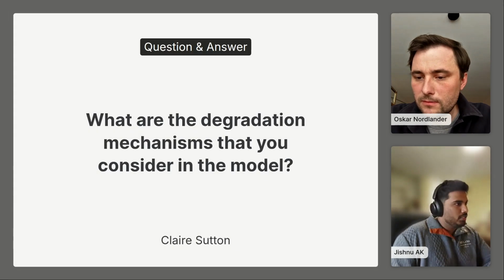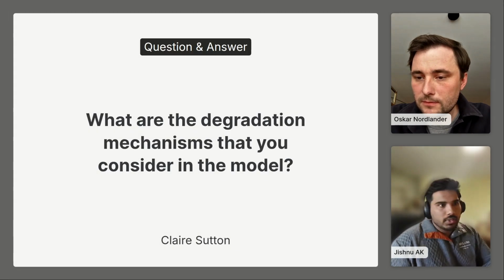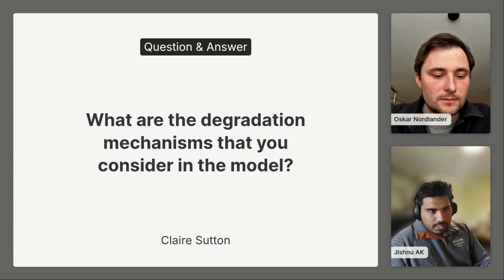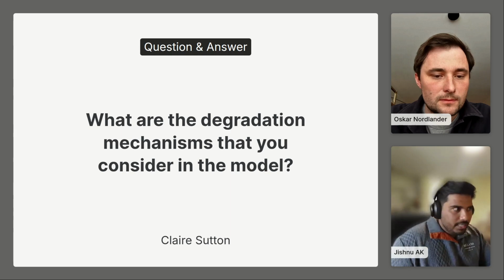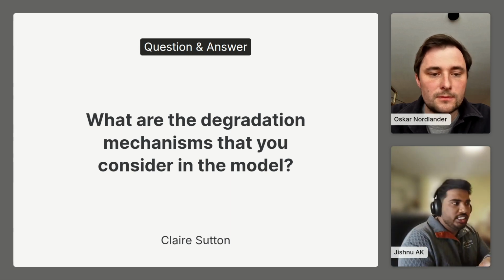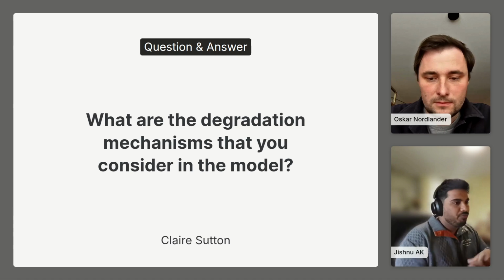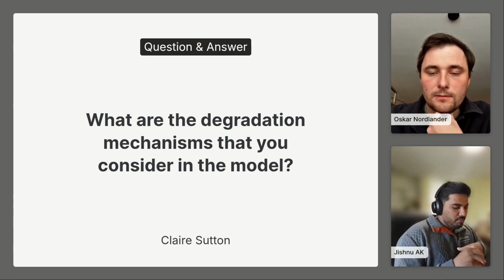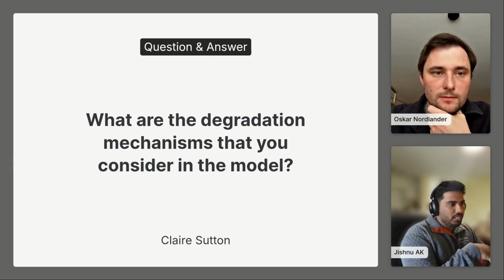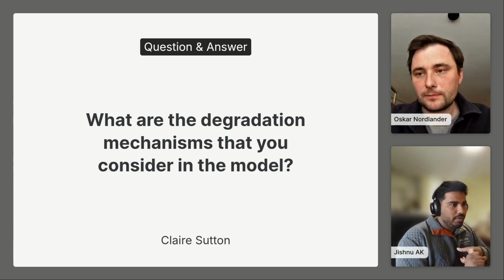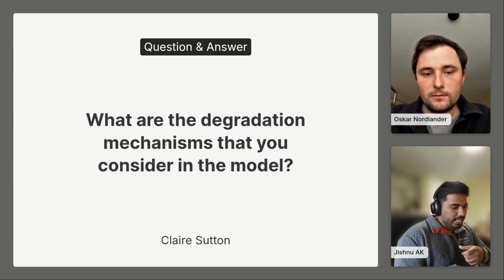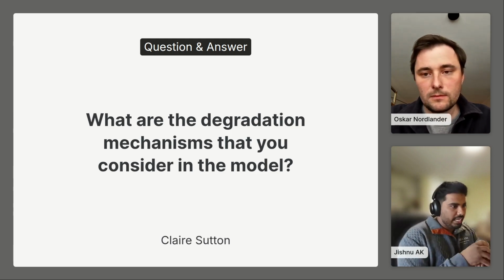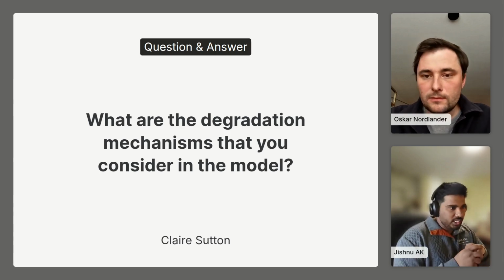Another question, from Claire: what are the degradation mechanisms that we consider in the model? There is no fixed number of degradation mechanisms that we always include in the model. We make this decision based on the aging data. In the first stage of our model development, before constructing any differential equations, we look at the aging data and do analysis, including the degradation mode quantification.